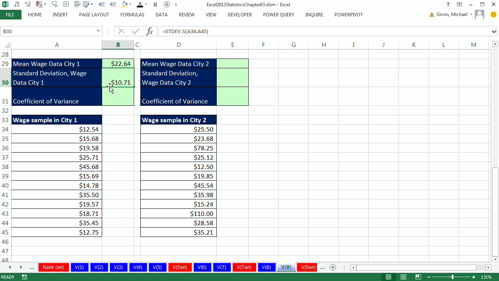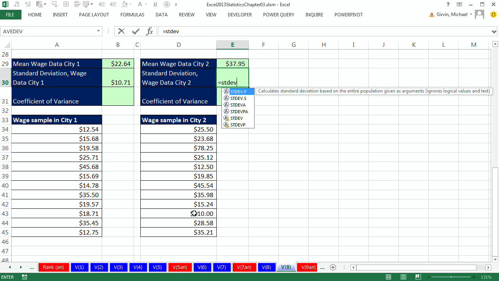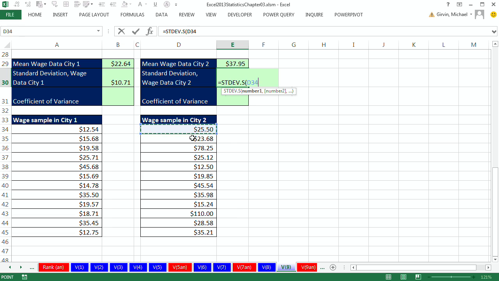All right, so for this city, from our sample, we have $22.64 as our average wage with a standard deviation of $10. What about over here? We have, boom, a mean of $37.95 and a standard deviation of $28.58.